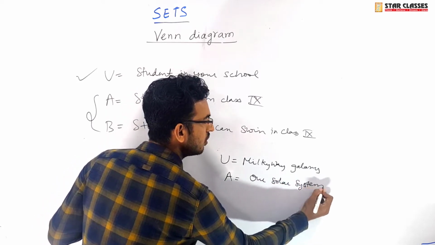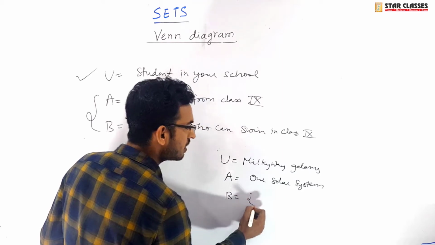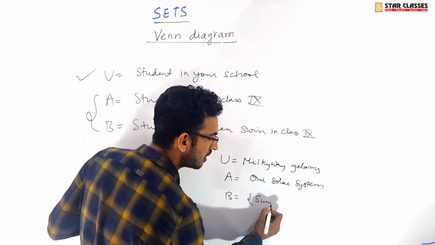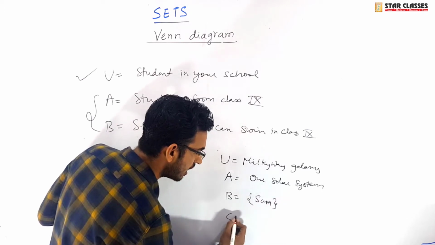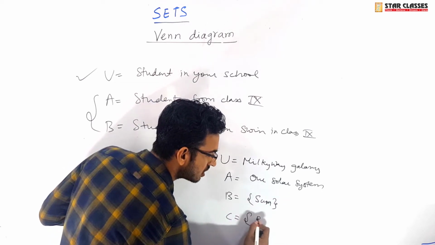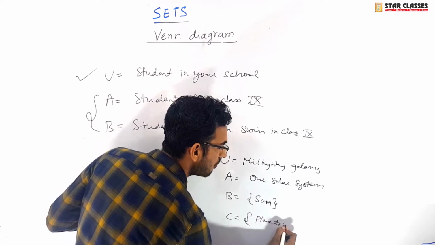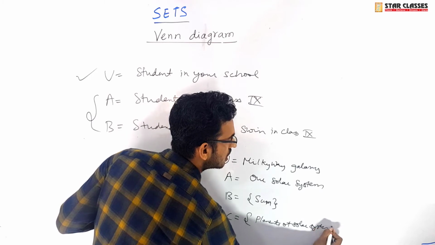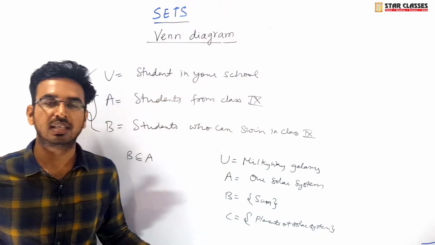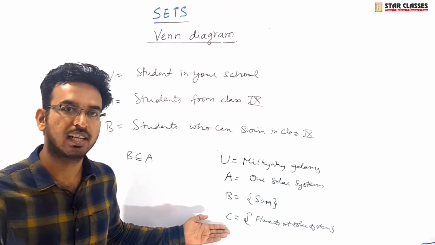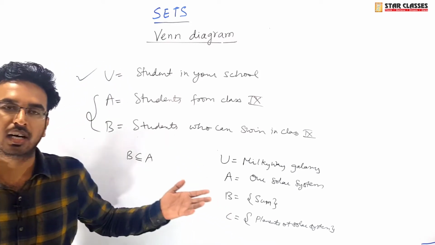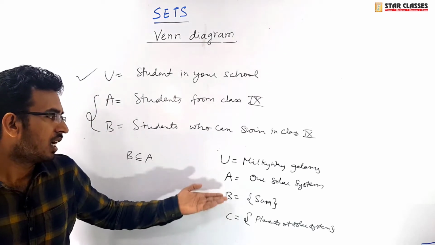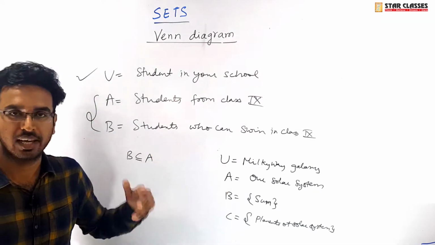Okay, can you tell me one of the subsets of set A? I can say sun is a subset of set A, or I can take another set, planets of solar system. These are also subsets. I can say the natural satellites, that is moon, like for example Earth has a moon as a natural satellite. These are the subsets of universal set or set A.